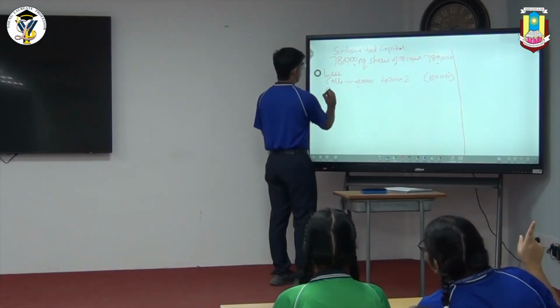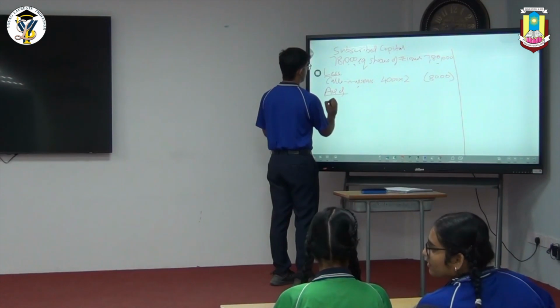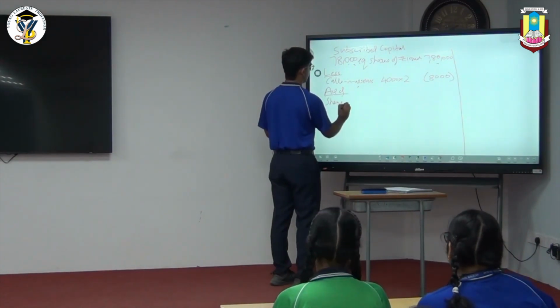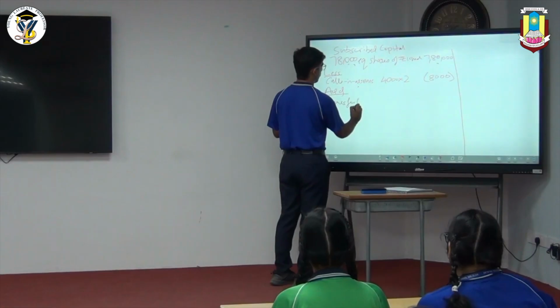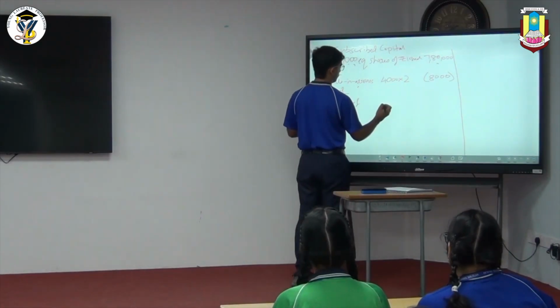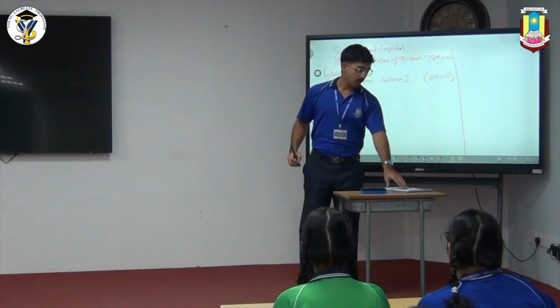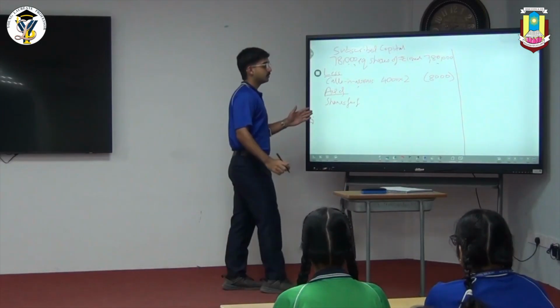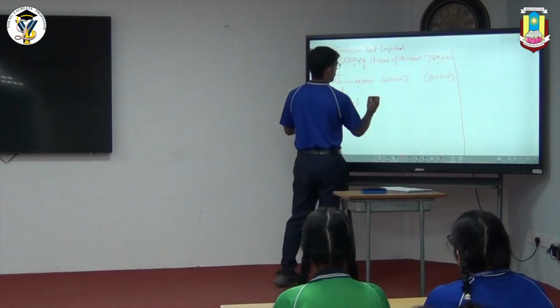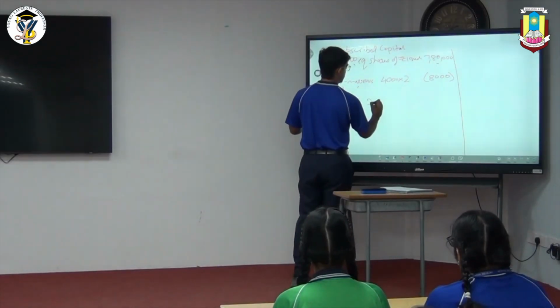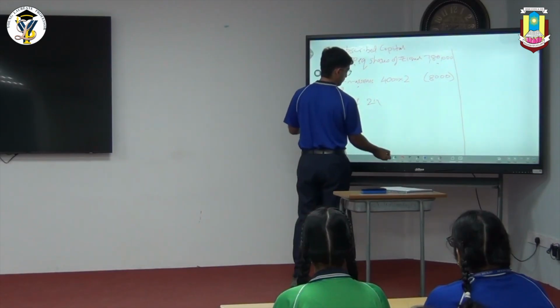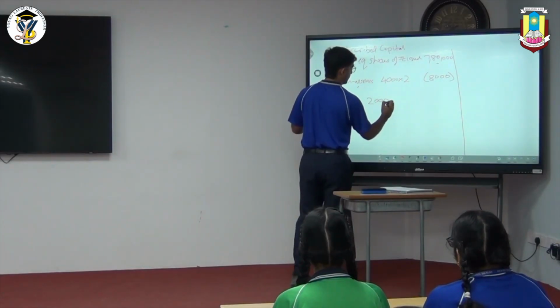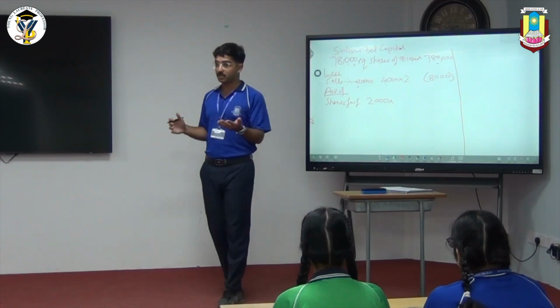Then we will add back the shares forfeited. Out of the 5,000 shares that were forfeited, 3,000 were reissued. So, we will take the balance amount, that is 2,000 shares, and he has paid the application money already.